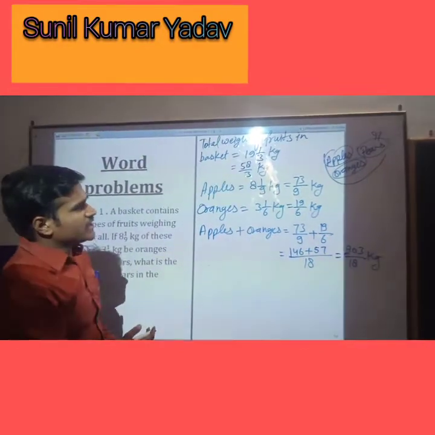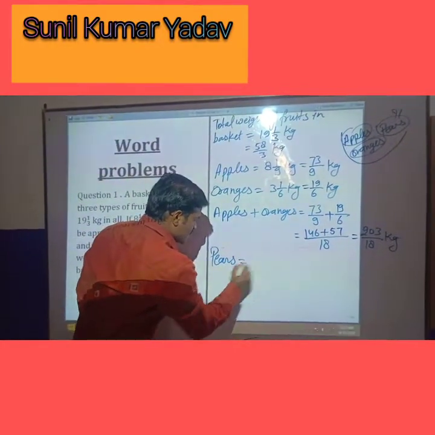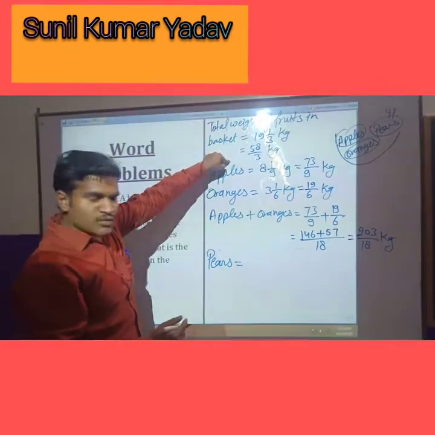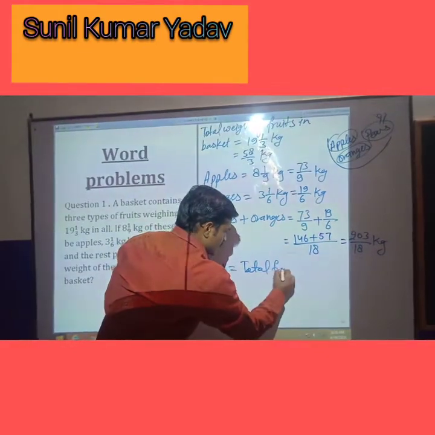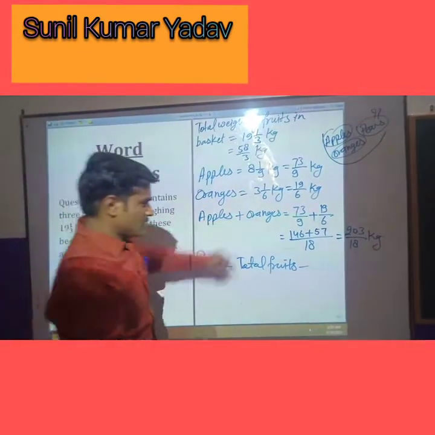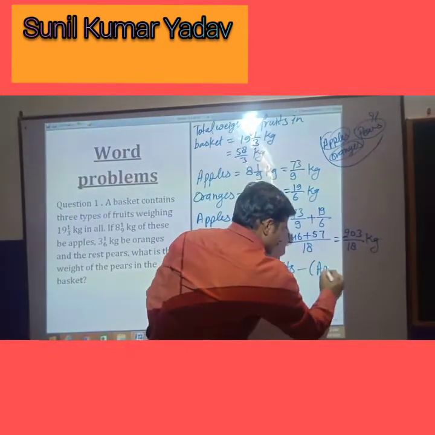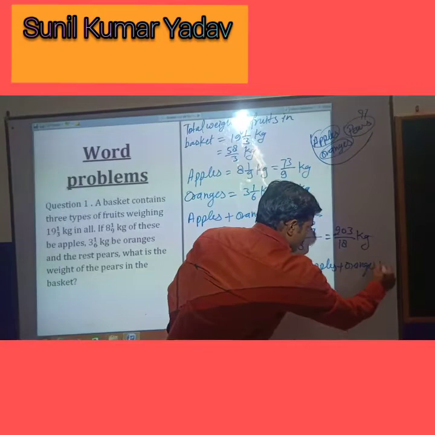Now we have to find the weight of pears. So pears is equal to total weight of fruits minus apples plus oranges.